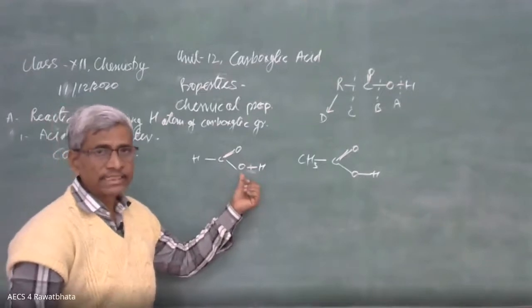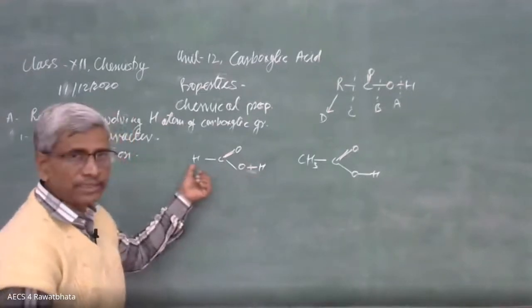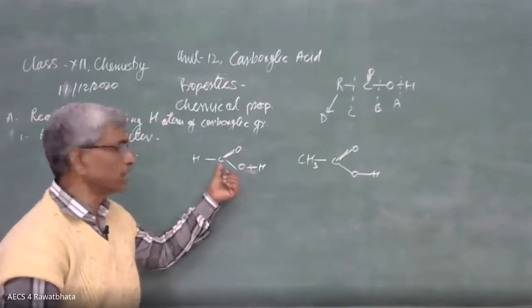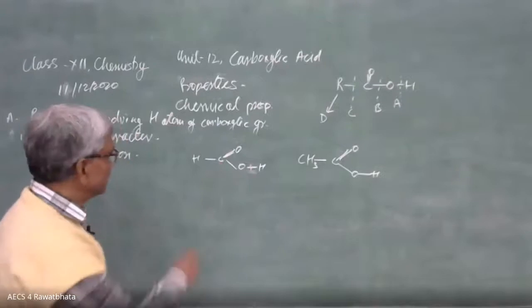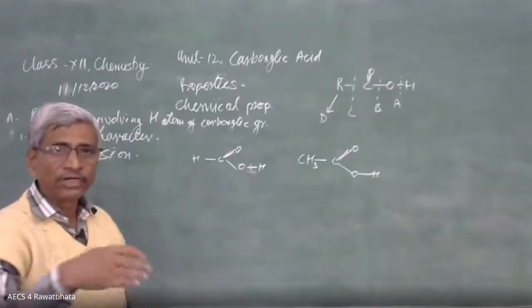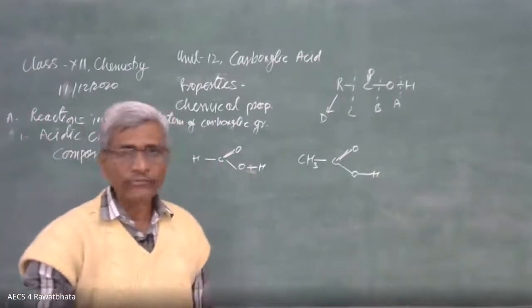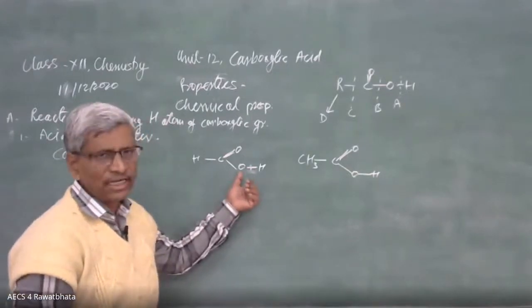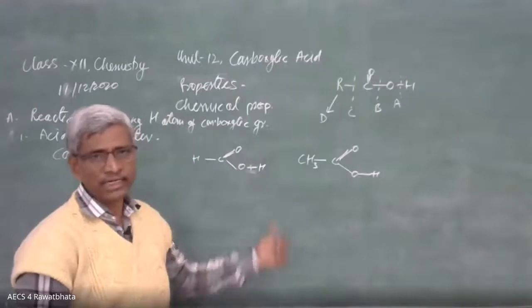And electron density is decided by this substituent, this part which is connected to the carbonyl carbon. In formic acid, this hydrogen atom has neither electron releasing effect nor electron withdrawing effect. That's why this oxygen has a certain electron density and it is releasing hydrogen ion accordingly.